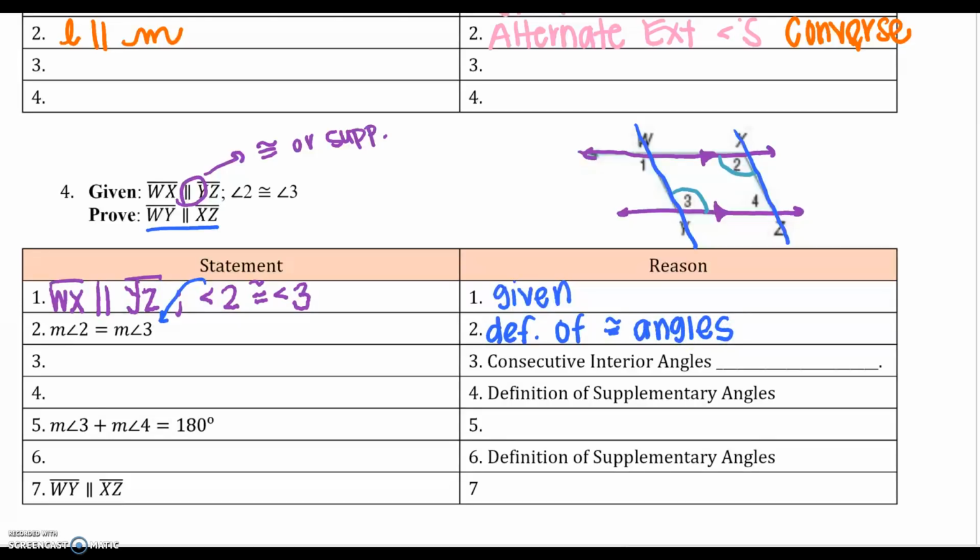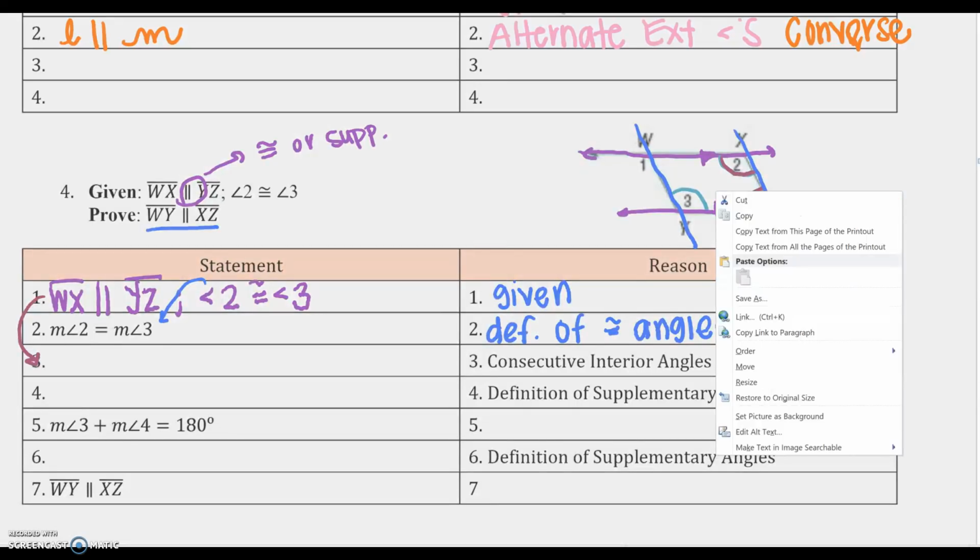All right, so because I have parallel lines, what else can I find? So looking at my purple, I know that angle 2 and angle 4 are consecutive interior angles. Excuse my pen.